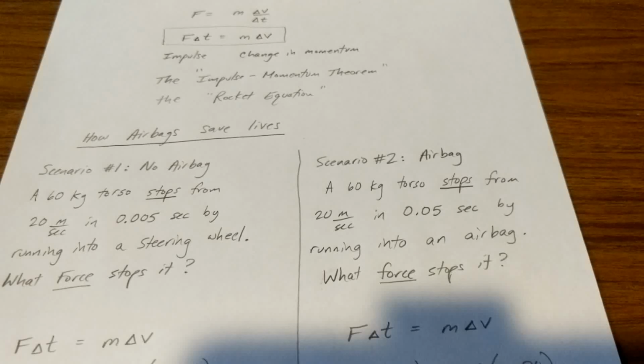This still sounds like a very large force, and it is, but it can be survived because we're now not talking about several hundreds of pounds per square inch of pressure added to this person's chest, but instead 45 pounds per square inch of pressure on this person.